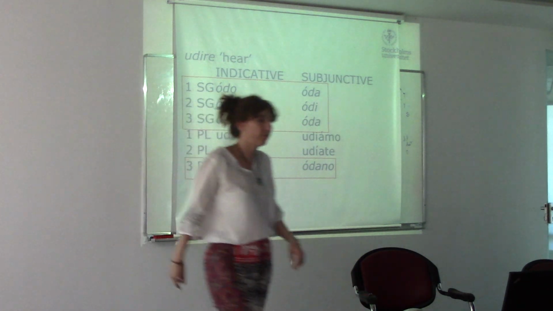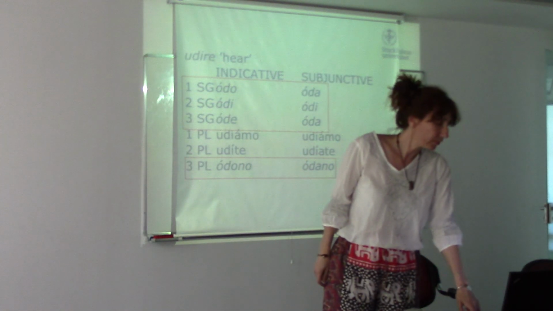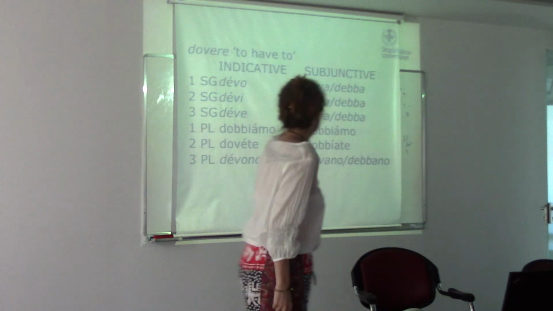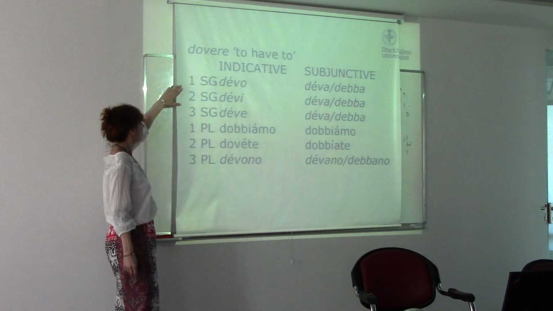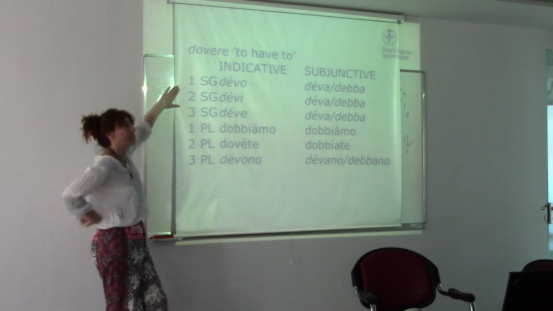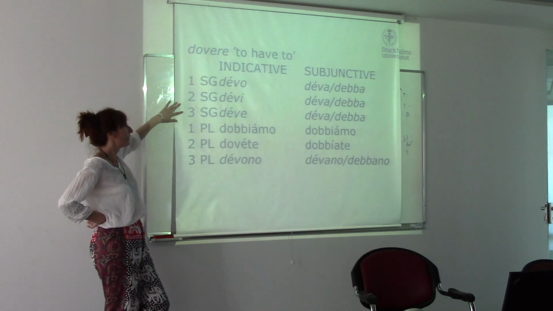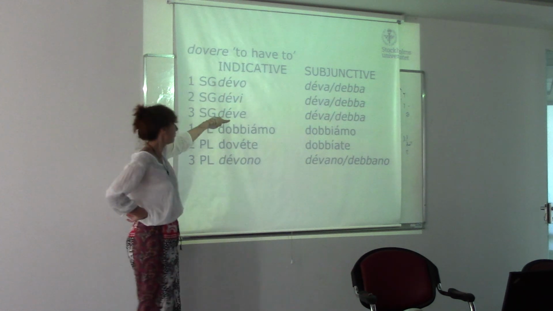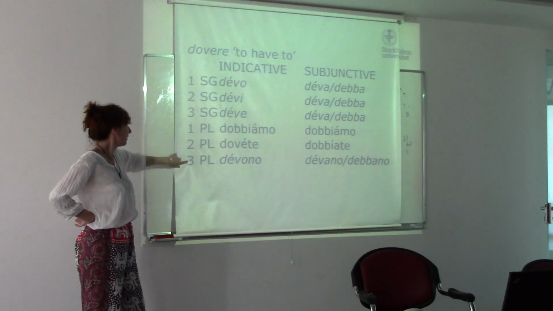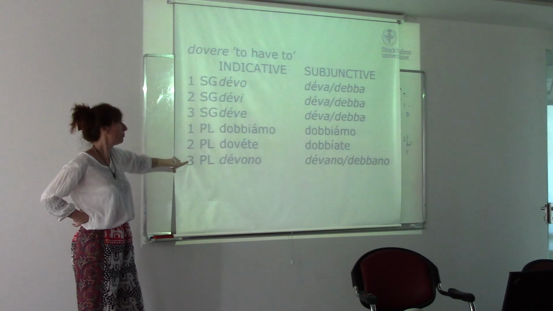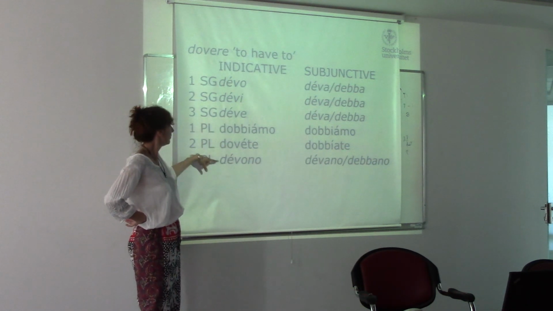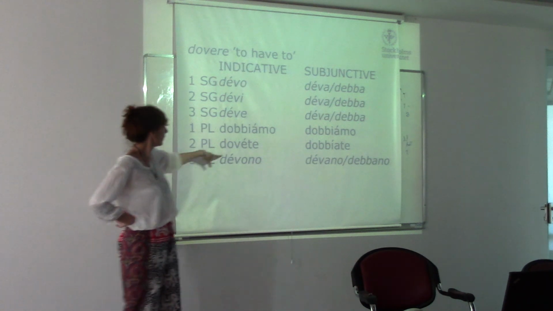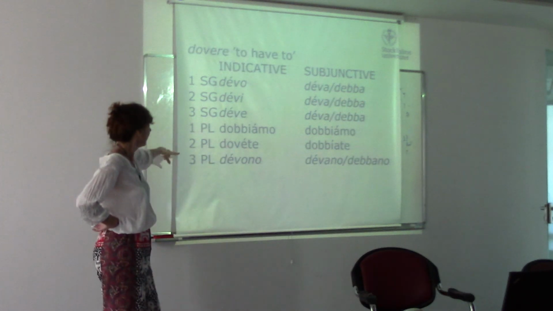And if we go through other Italian verbs, dovere, to have to, we can pretty much see the same thing. Okay? First, second, third, stem dev, and then the third person plural. We have the, I think I have made a mistake here.